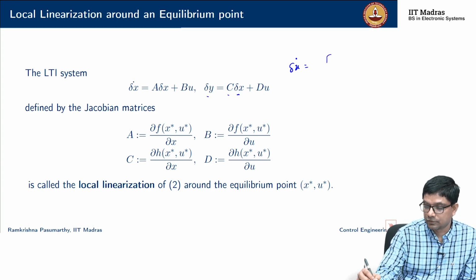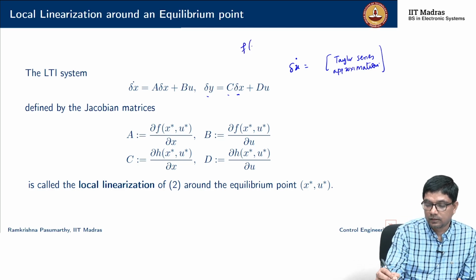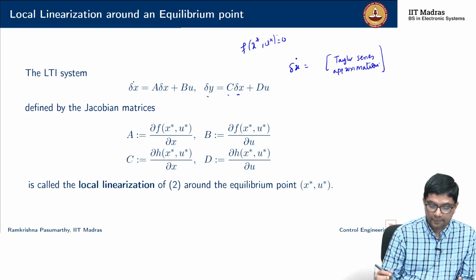This again just comes from a simple Taylor series approximation. The steps we will skip. Of course, we will use the property that f(x*, u*) is equal to 0.